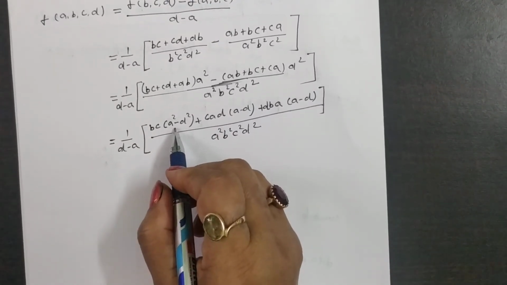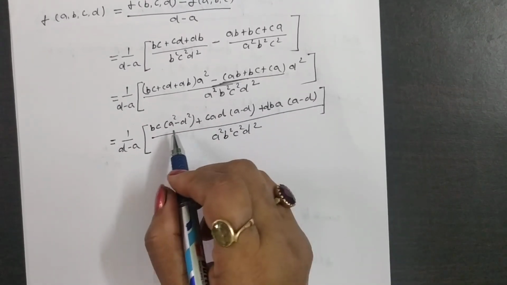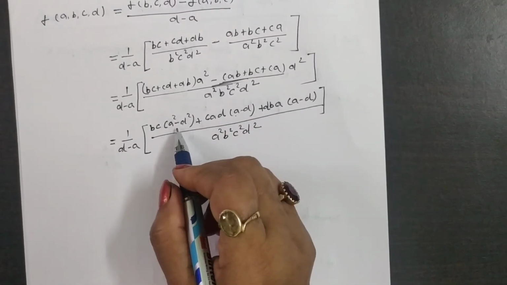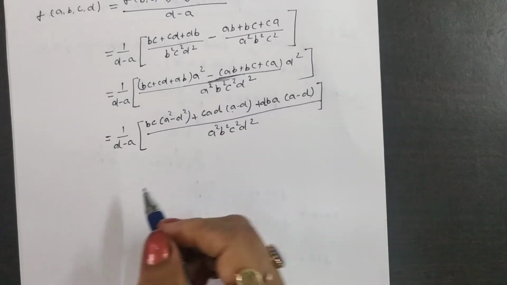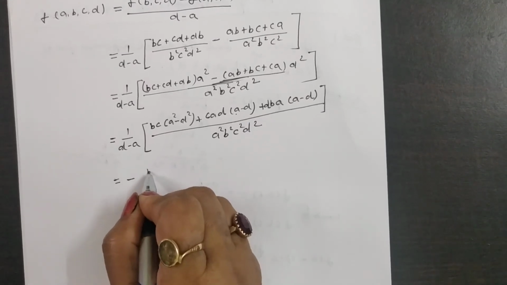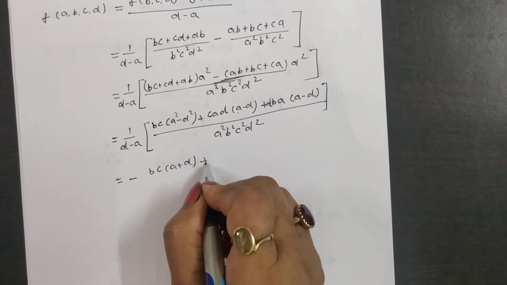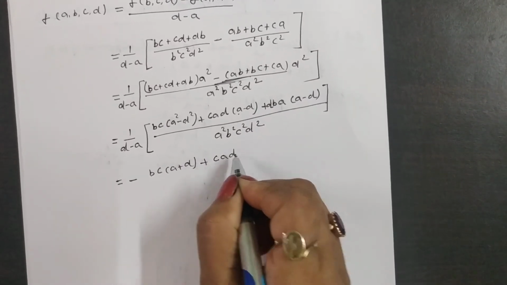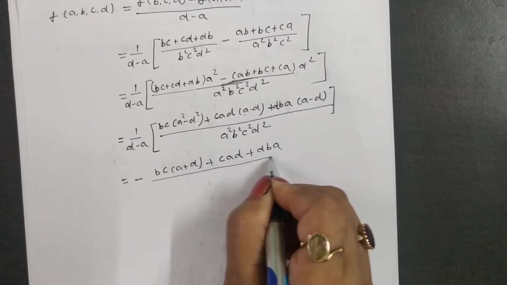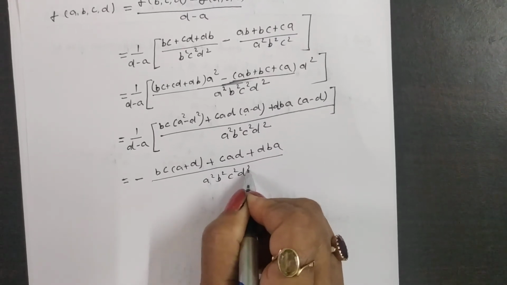So a minus d is minus of d minus a, then you can take a minus d on these terms, here is a plus d, and here are the remaining terms. So this is equal to minus bc, a plus d, plus cad plus dba, divided by a square b square c square d square.